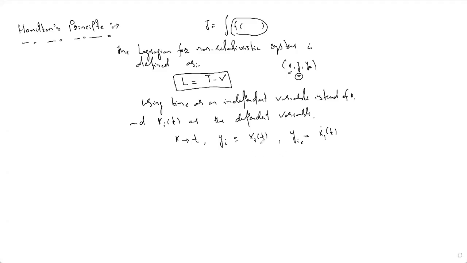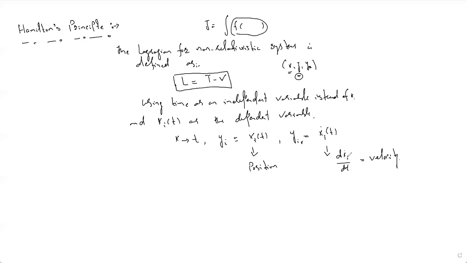Now what is this x_i(t)? This is the position of a particle with respect to time, at a certain time. And x_i dot(t) I can write as dx_i/dt. That means the derivative of the position coordinate with respect to time, which we also call the velocity of the particle as a function of time.